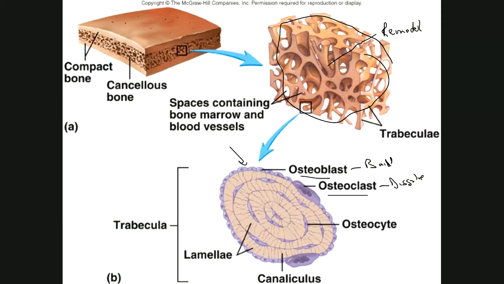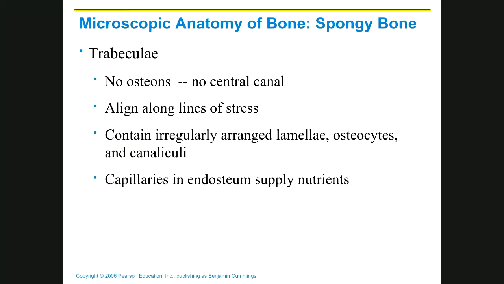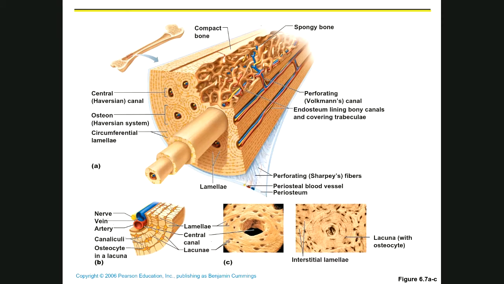But there's no central canal. And if there's no central canal, then there's no osteons. The blood vessels here just weave their way around in between the trabeculae. They don't stay in a canal like they do here.